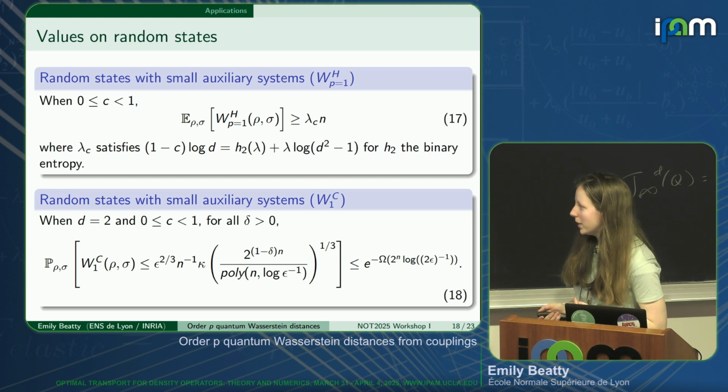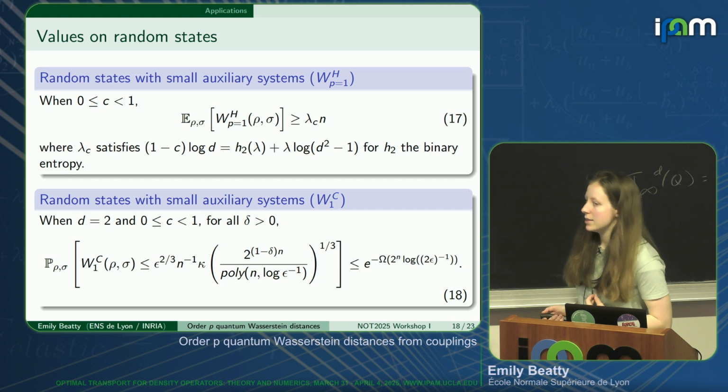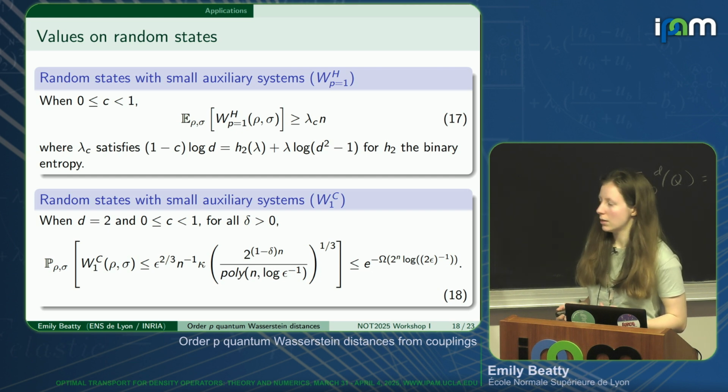This equation is quite long and complicated, but essentially what this tells you is that for C less than 1, the probability that your complexity geometry Wasserstein distance between two random states is less than exponentially big decays exponentially as n goes to infinity.